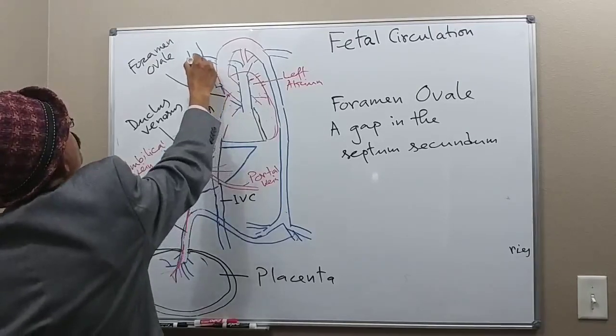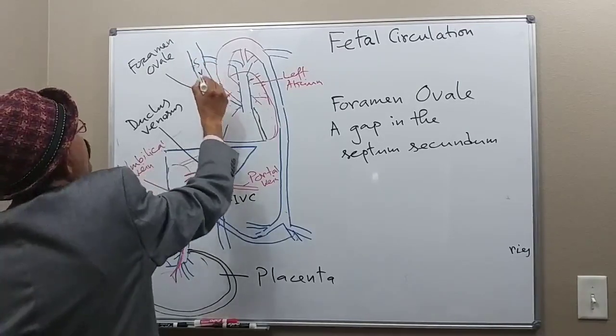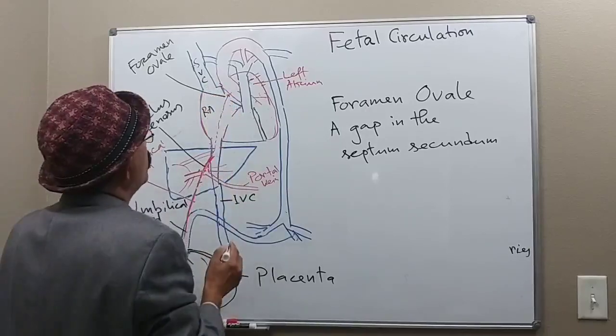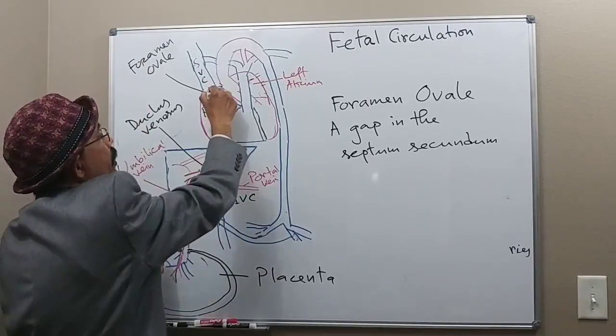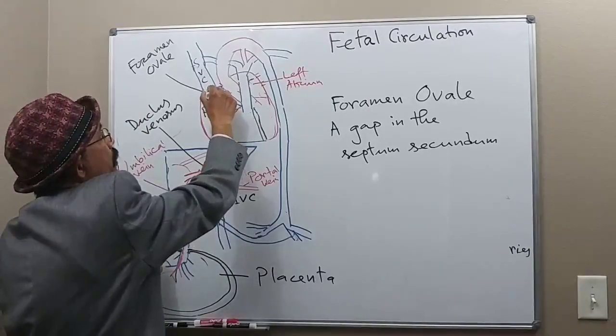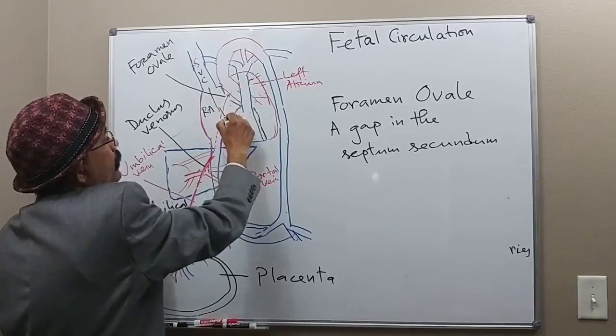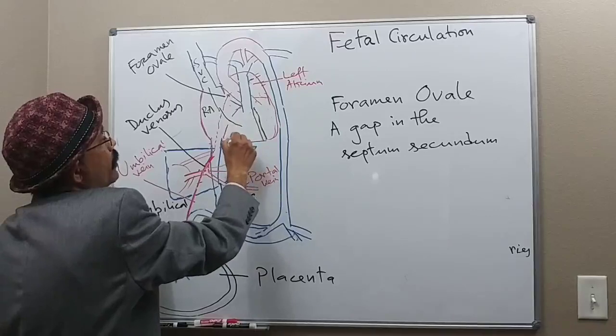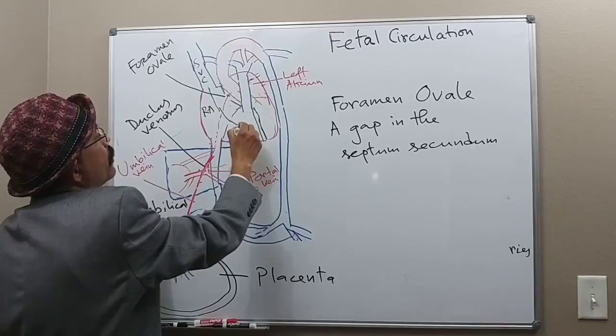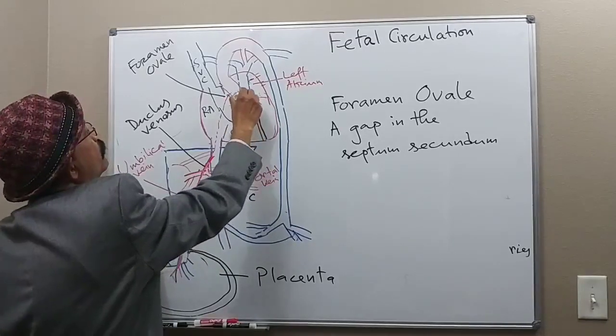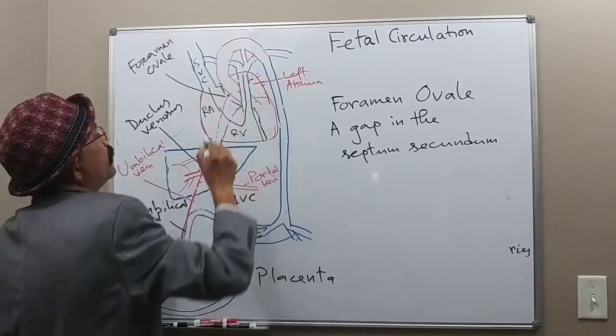This is the superior vena cava opening into the right atrium. Blood from the superior vena cava goes to the right atrium, through the tricuspid valve to the right ventricle. From the right ventricle, blood will go to the pulmonary trunk.